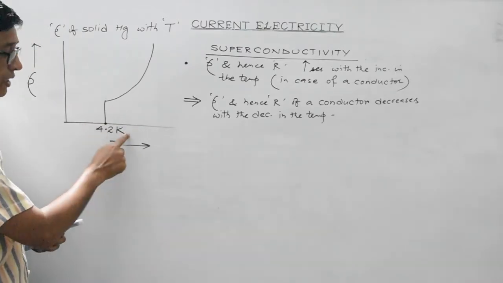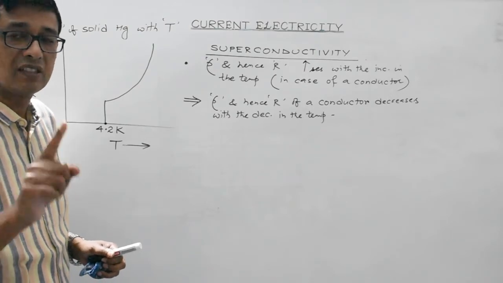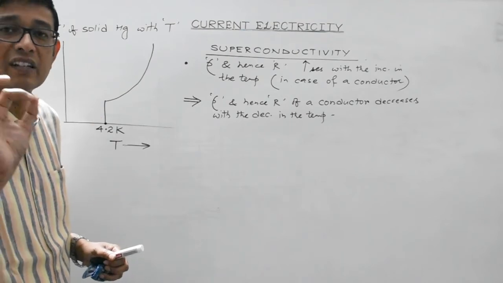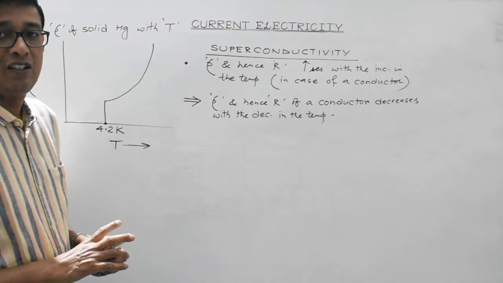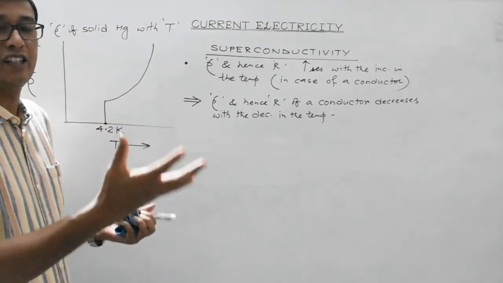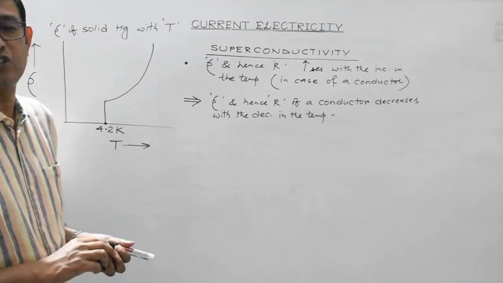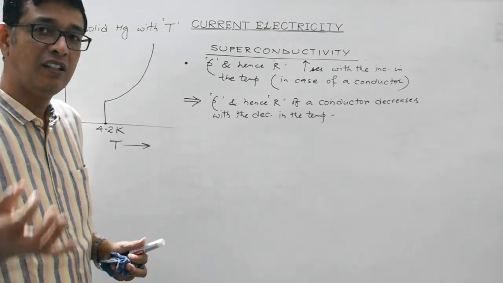So this temperature at which the resistivity and hence resistance of the solid mercury becomes 0 is known as the critical temperature. This is the critical temperature of solid mercury. So at this temperature, solid mercury has become a superconductor. Means it is offering no resistance, it is offering no resistivity at all. So this striking phenomenon is known as superconductivity.